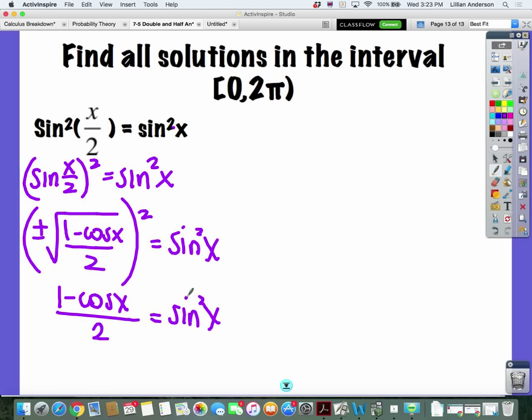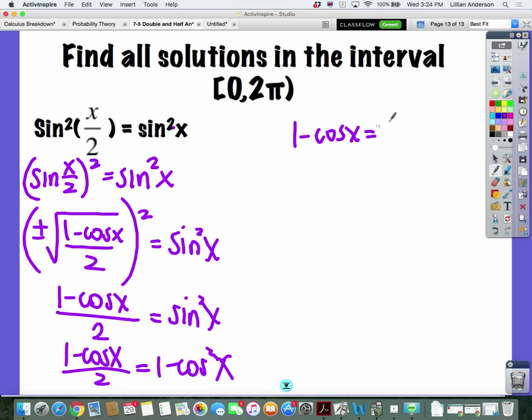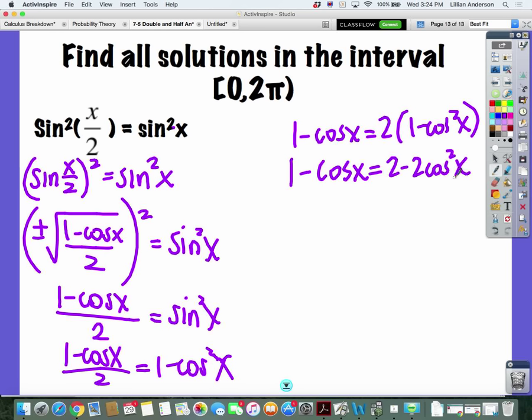Now, this should be familiar to you guys. It's a normal equation that you can solve. I have sines and cosines together, so I can rewrite this as 1 minus cosine squared x. And then just solve. Multiply both sides by 2. Distribute the 2. Get everything on one side.